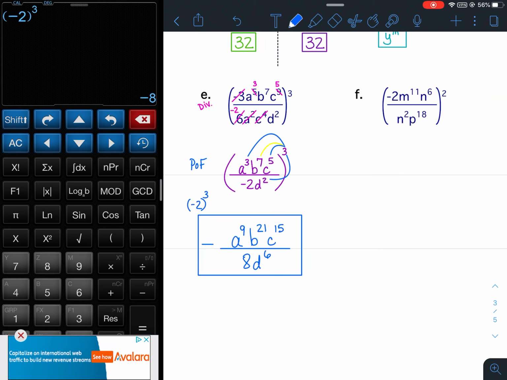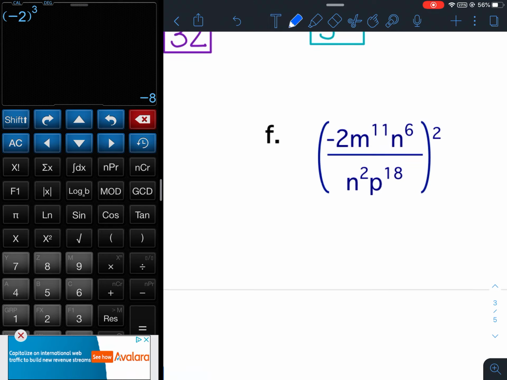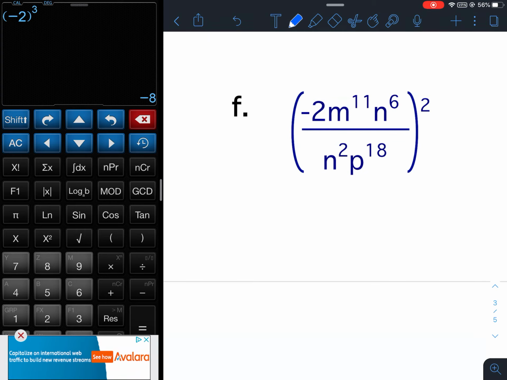Okay, so F. We're going to do F the same way we just did E. We have to simplify what's inside the parentheses first. So inside the parentheses, the coefficient on the bottom is a positive 1. Negative 2 over 1 is going to stay negative 2, so I don't need to worry about my coefficients. And the only like variables I have are the n terms. So that's the only thing I need to worry about dividing.